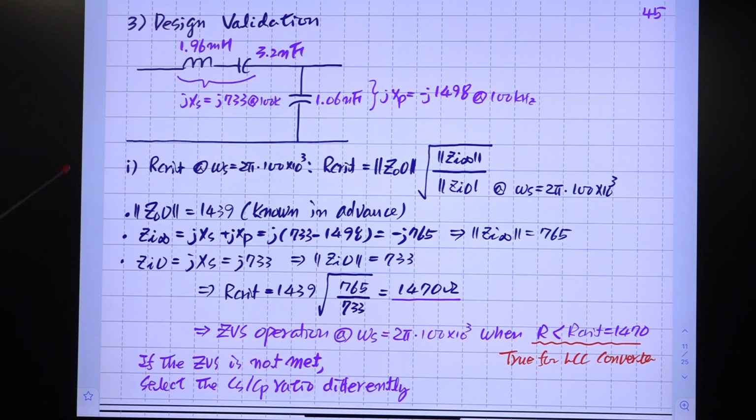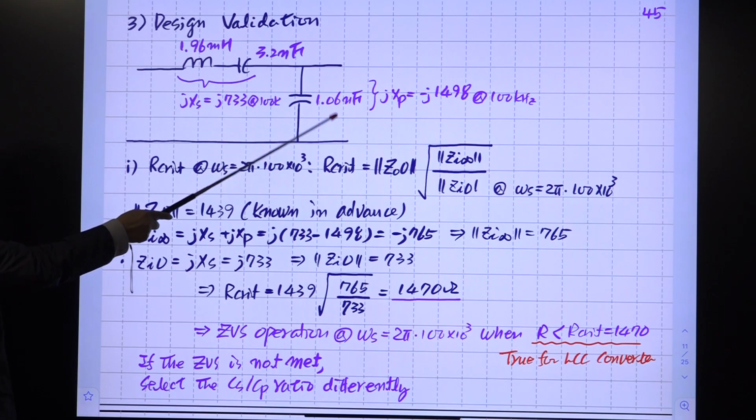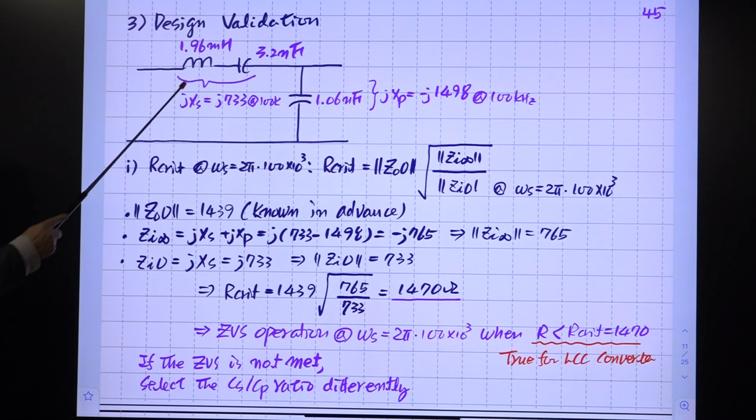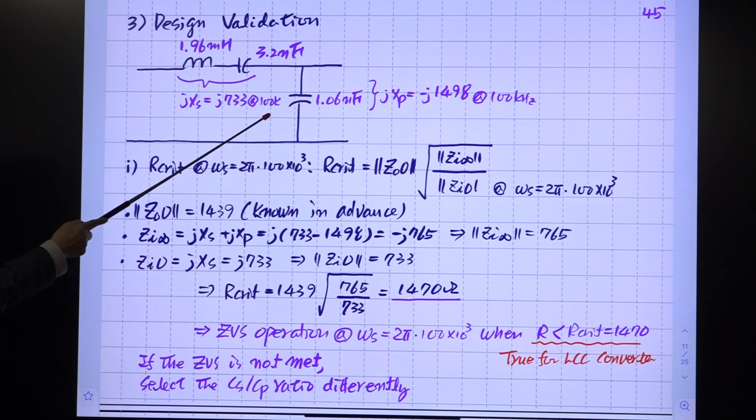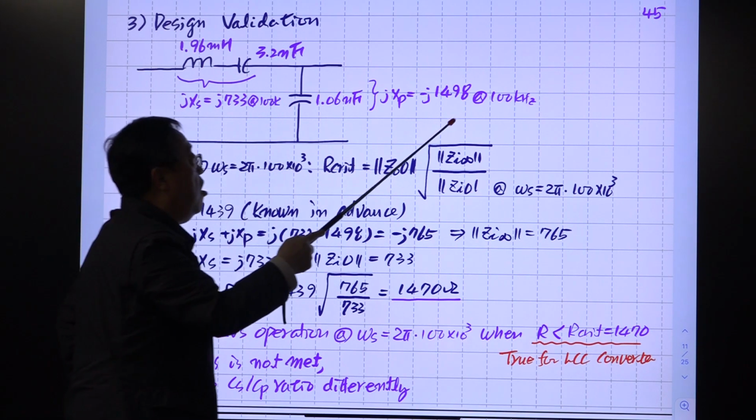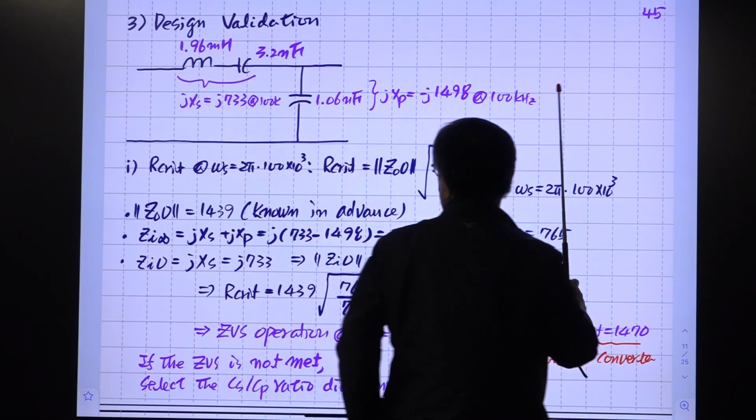This L is 1.96 millihenry, and 3.2 nanofarad, and 1.6 nanofarad, maybe reasonable numbers, right? And this is the reactance of the series branch at 100K, and this is the reactance of the parallel branch, okay?